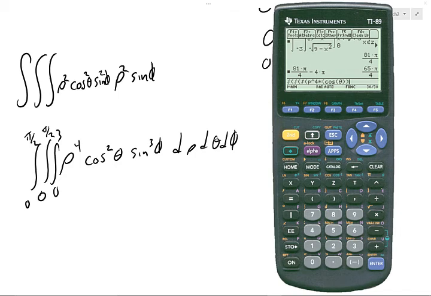You've got to do cosine squared of theta times parentheses sine of phi cubed, with rho from 0 to 3, theta from 0 to pi over 2, and phi from 0 to pi over 2. The answer is 81 pi over 10.